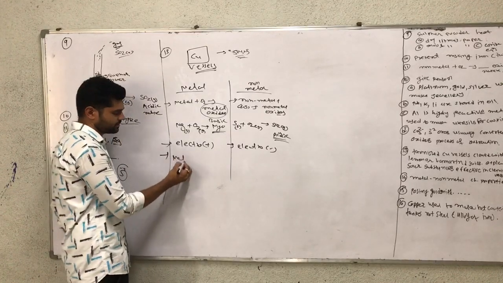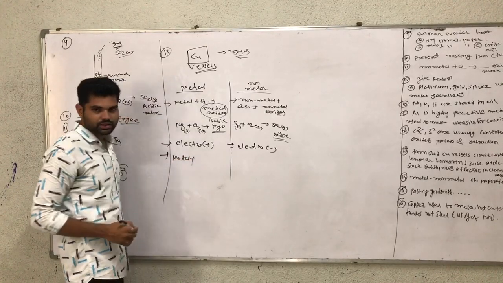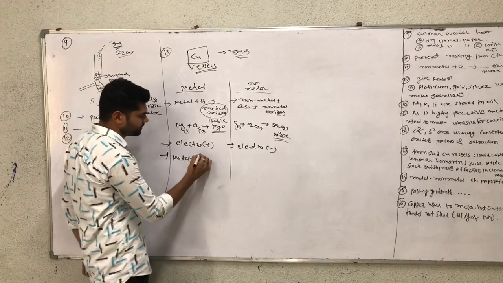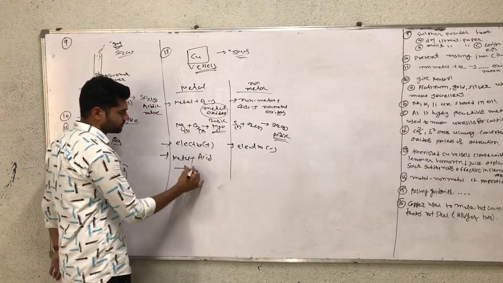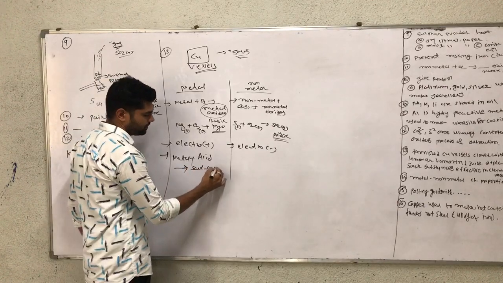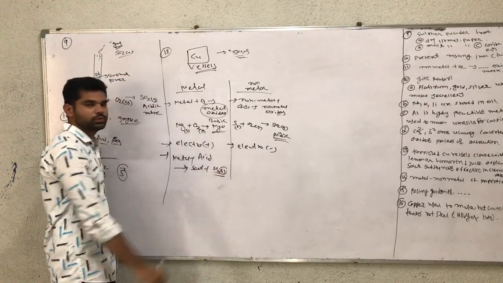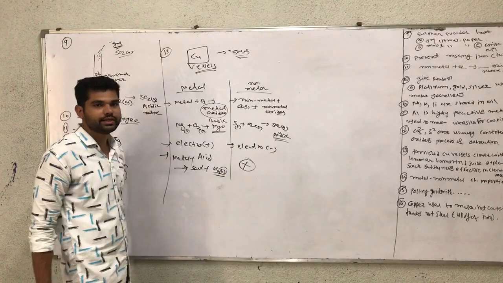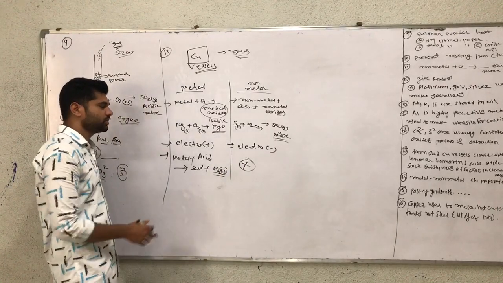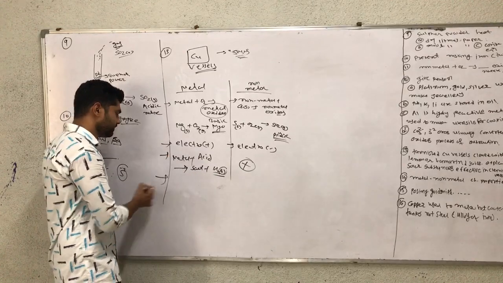Next, metal reacts with acid to produce salt plus H2 gas. In a similar way, non-metal does not react with acid and does not produce H2 gas.